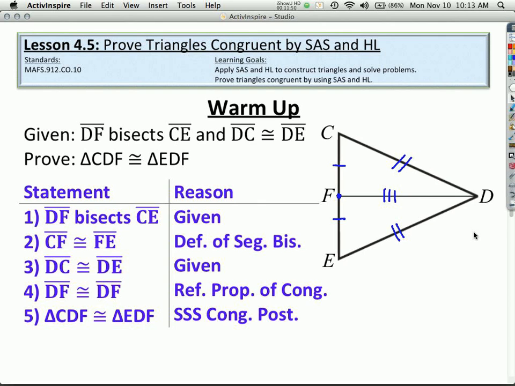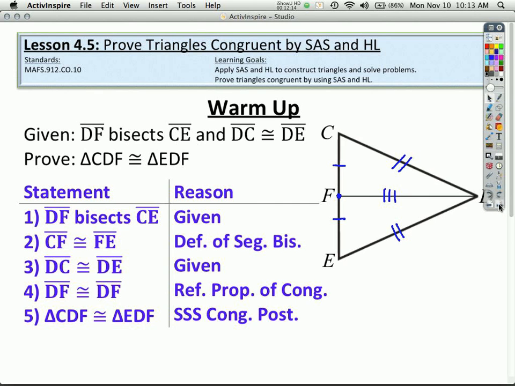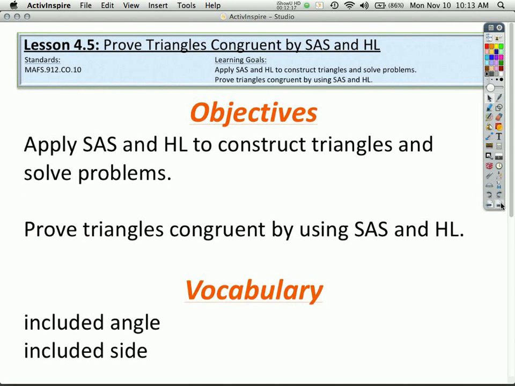Okay, so of course you already titled today's lesson, lesson 4.5, and today we're going to add to our toolbox. If you've noticed, that's what we've been doing most of the chapters, is building this toolbox of knowledge and properties and theorems and postulates that allow us to prove things. And so we're going to add to that today, by adding in side angle side and hypotenuse leg.